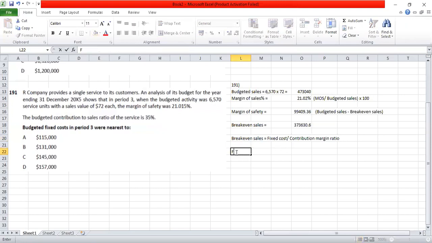So now we need to find out the fixed cost. So fixed cost is equal to break-even sales, 373,631, into 35%.